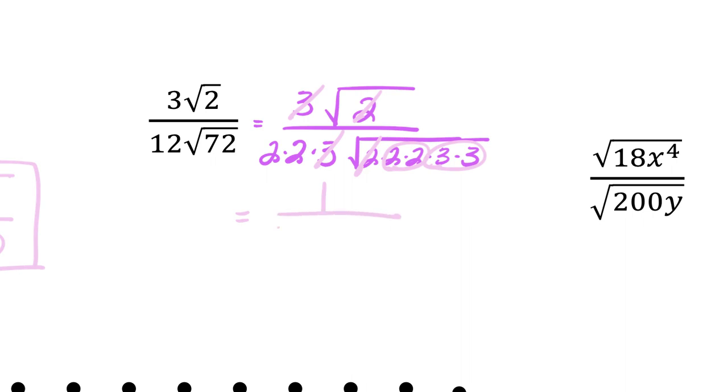Down below, I have 2 times 2, which are these 2. And then these 2 guys have to come out. So then 2 times 3. So when I pull all of that together, this would be 1 over, see, 2 times 2 is 4, times 2 is 8, times 3 is 24.